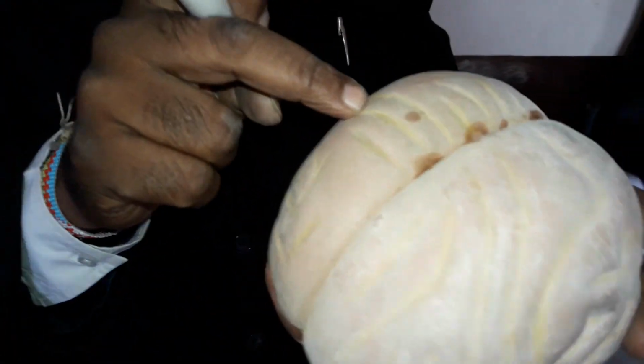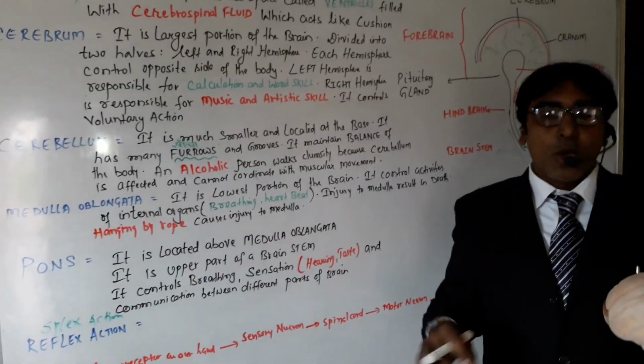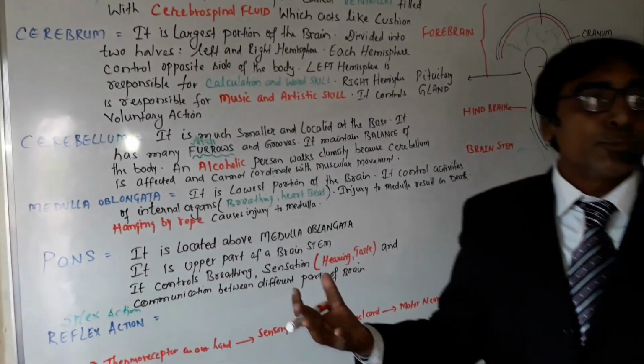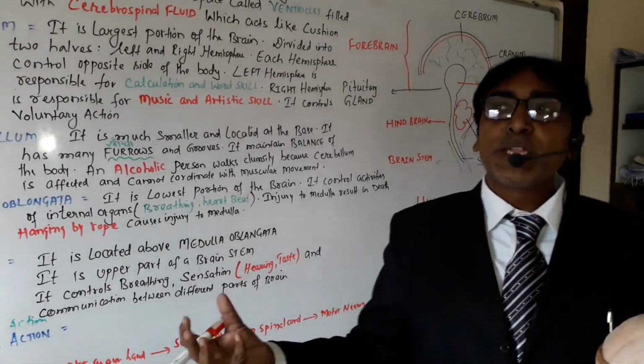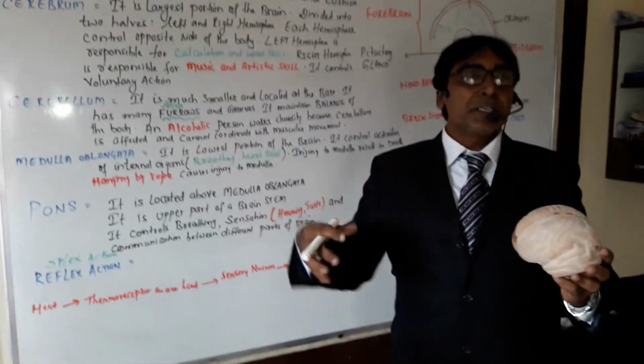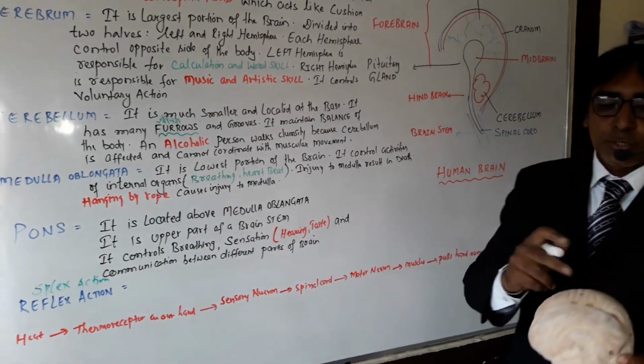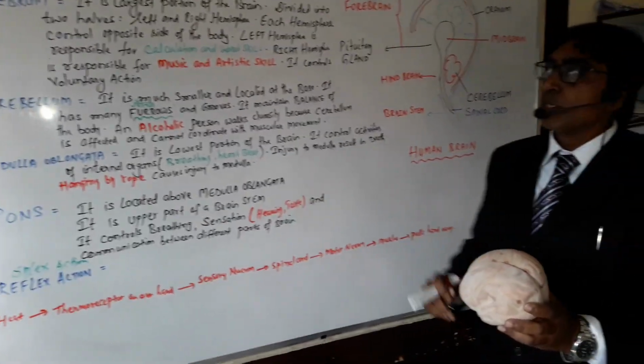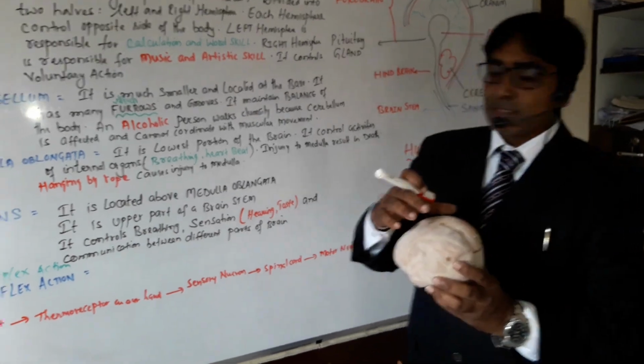We get satisfaction on hearing music, and that is only because of the right hemisphere. All the artistic skills, such as those of artisans and potters who make pots, are also controlled by the right hemisphere. So this is all about the cerebrum.